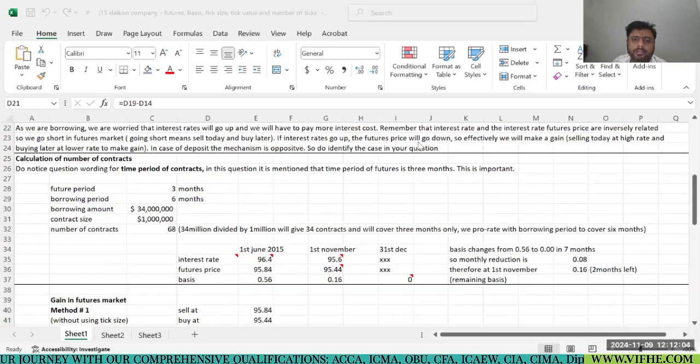If interest rates go up, the future prices will go down. So effectively, we will make a gain selling today at high rate and buying later at a lower rate. In case of deposit, the mechanism is opposite. So do identify the case in your question. Okay. After this, we have calculations of number of contracts, but we are going to first discuss if everything till now is clear.